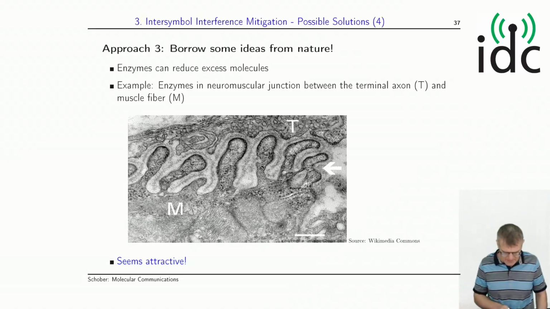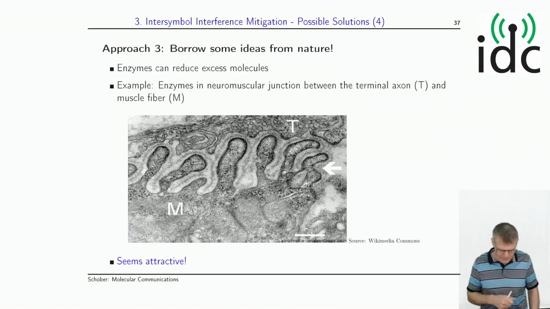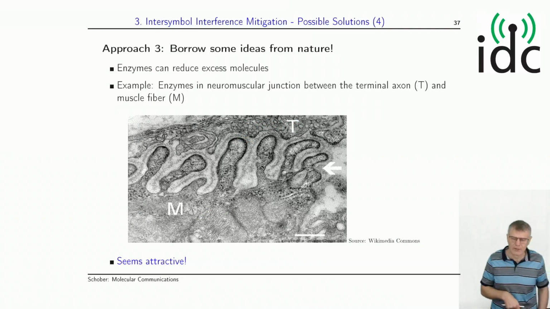Namely, one mechanism that is used there is enzymes that reduce the excess signaling molecules, right? I already mentioned this neuromuscular junction before, and here you have a depiction of it. This here would be the end of such a neuron, and this here is the muscle cell, and the space in between is the neuromuscular junction.